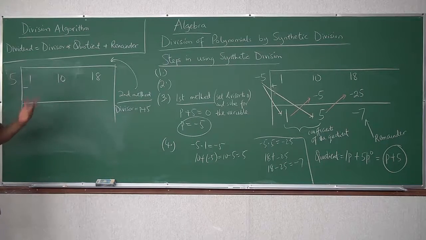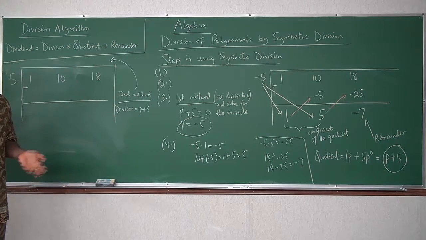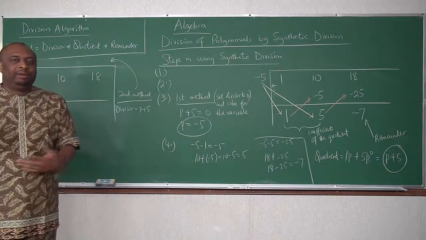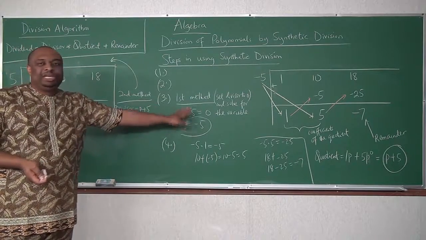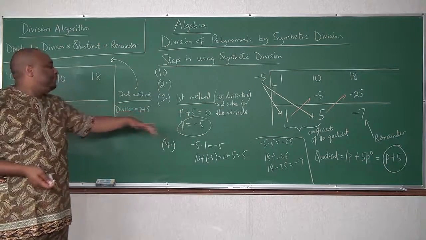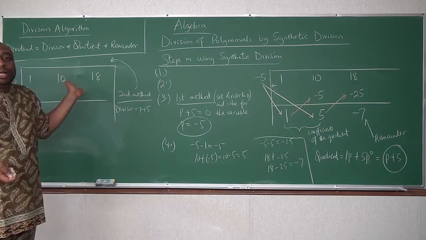Some people might argue that this method is better because division is repeated subtraction. When we get to the remainder theorem and the factor theorem, you will appreciate this. But this is also okay if you want to do it like this.